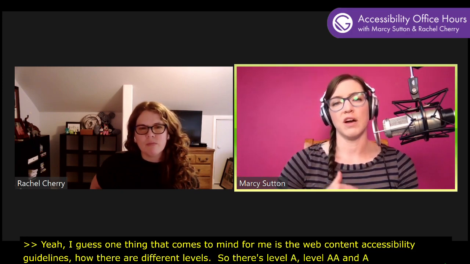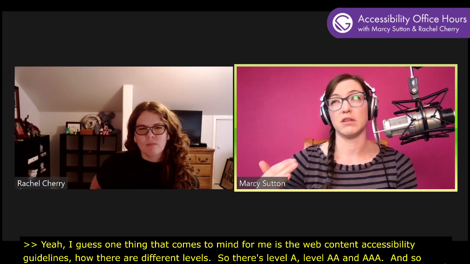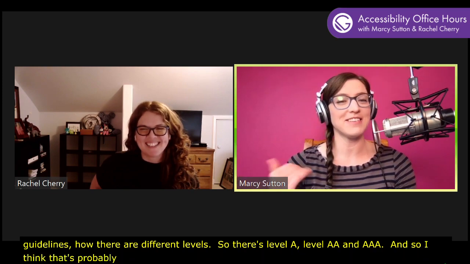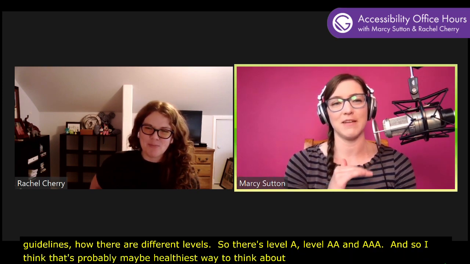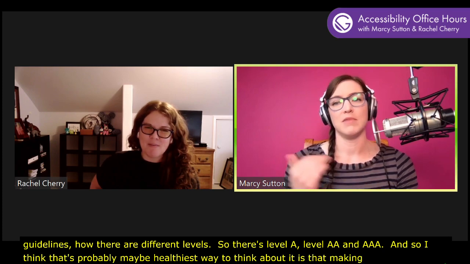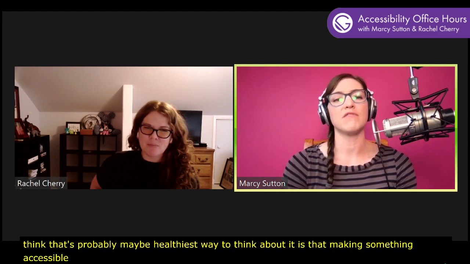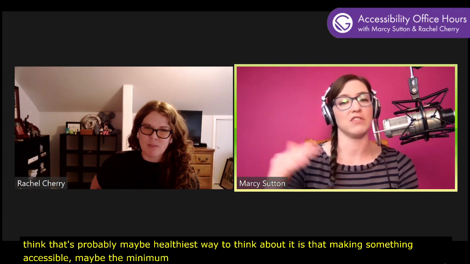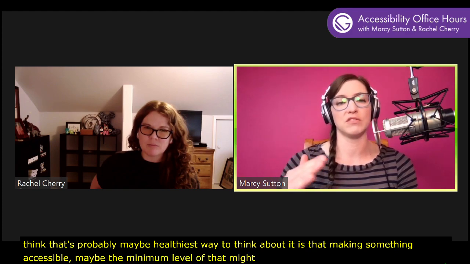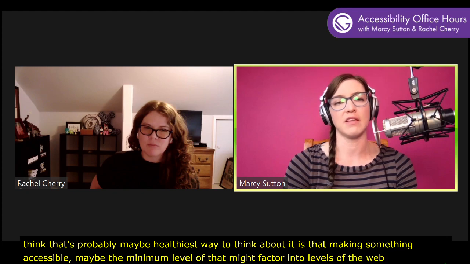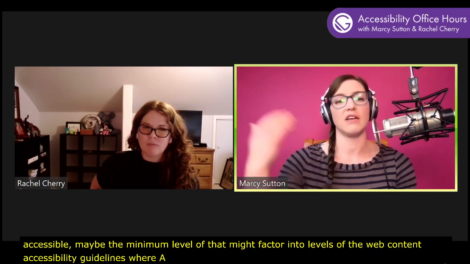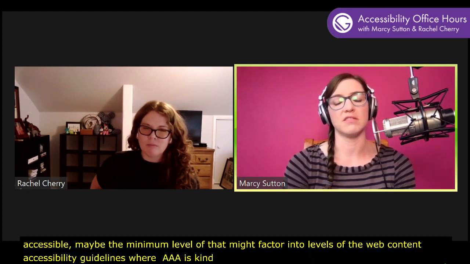I think that's maybe the healthiest way to think about it. The minimum level of making something accessible might factor into the levels of the guidelines, where AAA is going above and beyond in some cases.